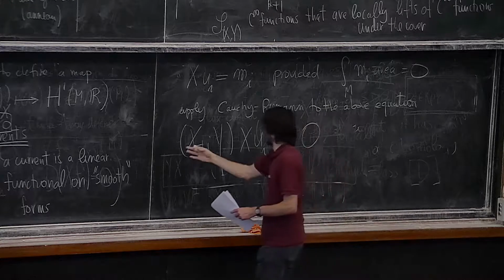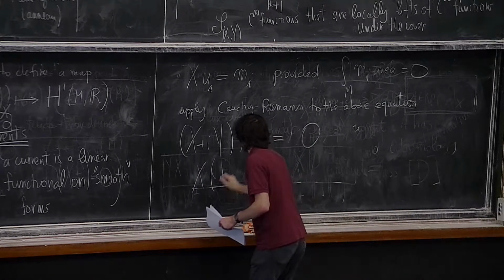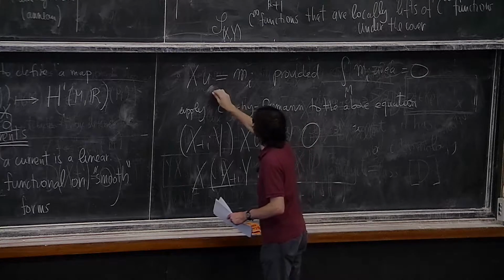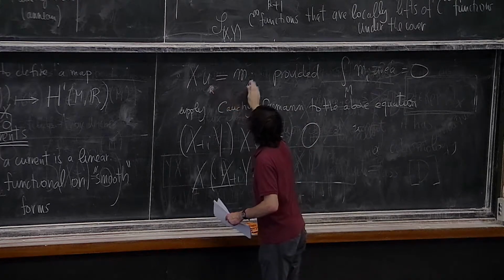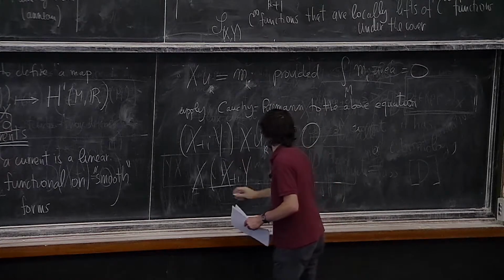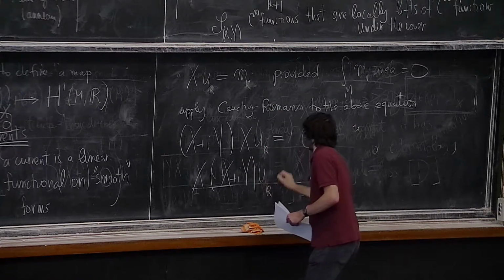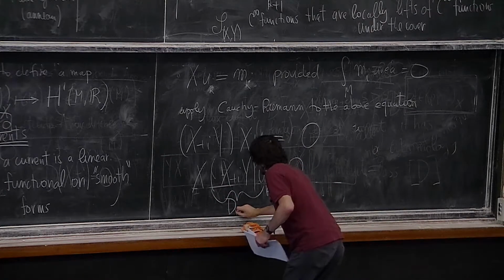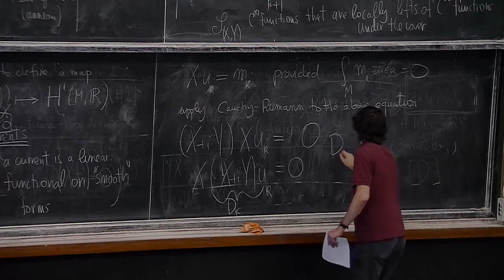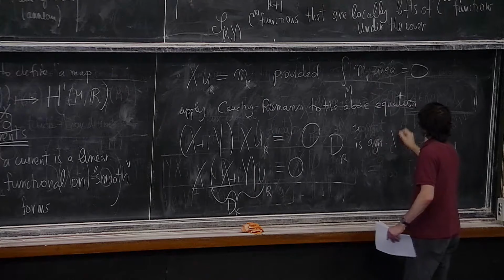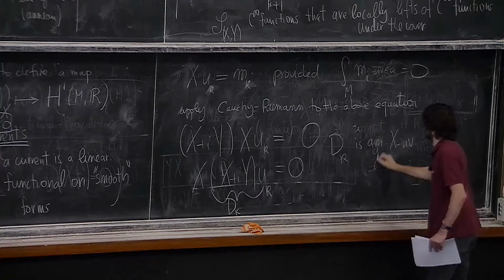But then I have enough commutation to say that X of (X + iY)u_i, I'm sorry, this i is a bad choice, k. And here is a D. So D_k is an invariant distribution.